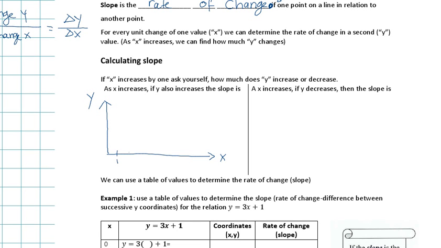If Y is also increasing, so as X is increasing, Y is also increasing, what kind of slope do I have? Positive or negative? Positive. That's right. So the slope is positive.